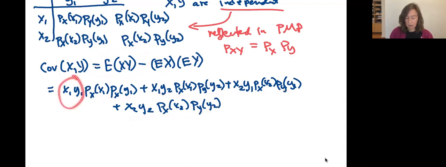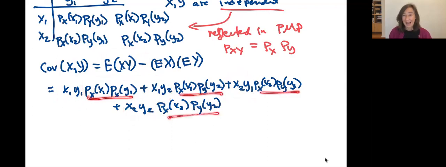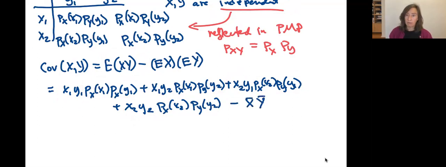The product can take this value, that value, that value, or that value with this probability, this probability, this probability, or that probability. And the joint probabilities are the product of the marginals because they are independent. Great. So that's my first term in the covariance. And then I'm just subtracting off x bar times y bar, whatever they are.